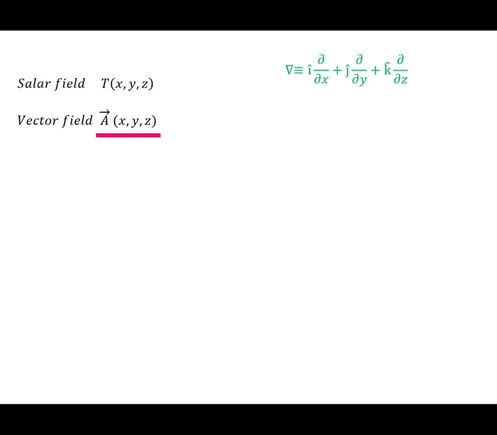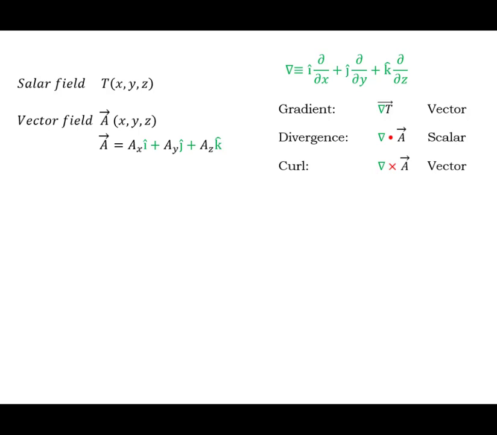A vector can be written in terms of its components along the x, y and z axes. When the del operator is operated on scalar field T and vector field A, then it can give the gradient of a scalar which is a vector, the divergence of a vector field which is a scalar, and the curl of the vector field which is again a vector.